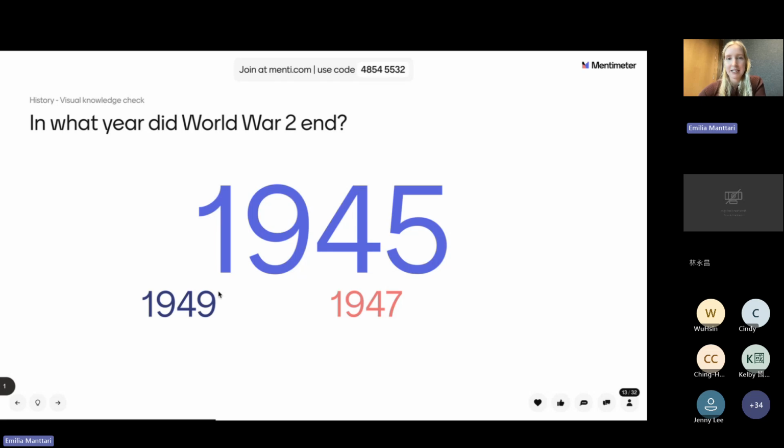So then we have, for example, 1949 here and 1947. So this is also just a visual way for us to see if everyone knows the correct answer or if we still maybe have some people that do not. Great.